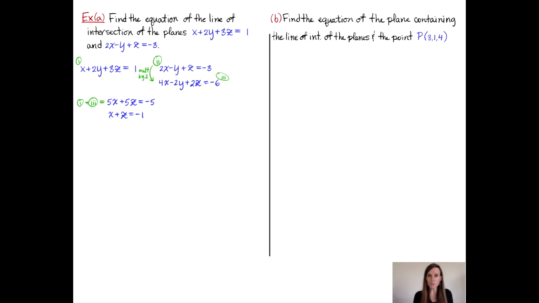Okay, so at this point you can let one of the variables equal t. It doesn't matter which one. I'm going to let x equal t. And letting x equal t and solving for z, we get that z is equal to negative 1 minus t.